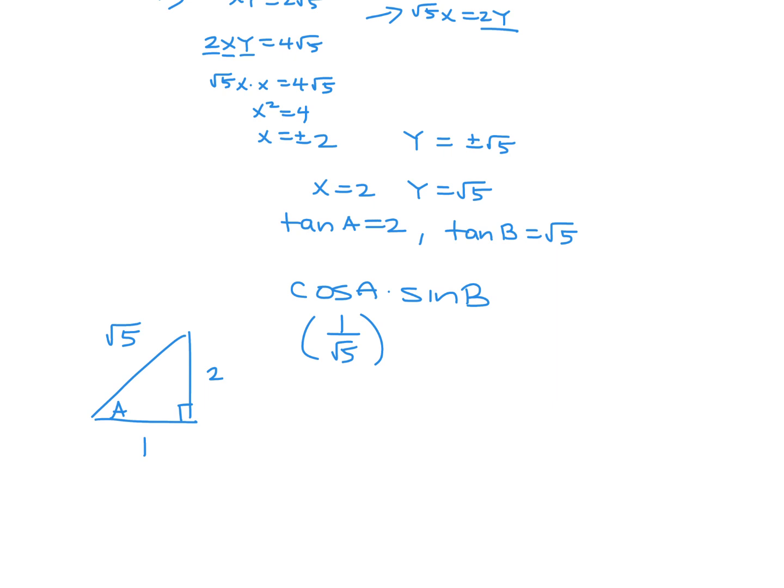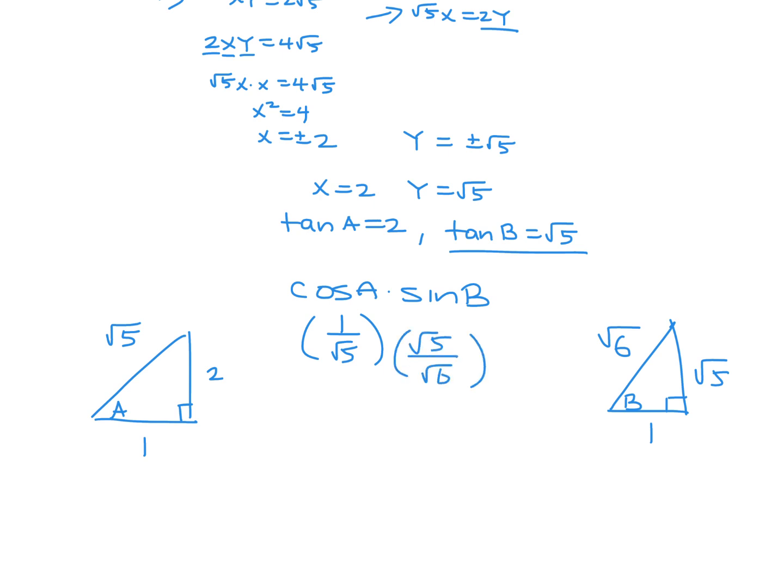Okay, same story for B. Let's make a little triangle for B. This is B. The tan of B is root 5, so that's opposite over adjacent. And with Pythagoras, you can figure out that the hypotenuse is root 6. And we want the sine of B, so that would be opposite over hypotenuse. So that's going to be root 5 over root 6, I believe. And then when you do this math, this is just 1 over root 6. And there you go. That's the final answer, 1 over root 6.